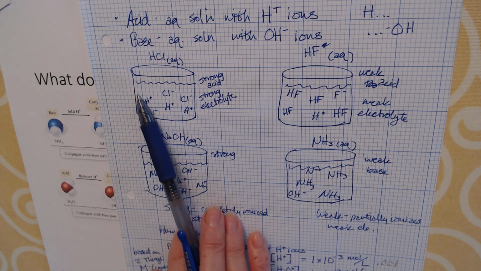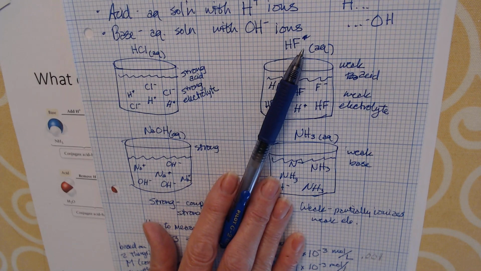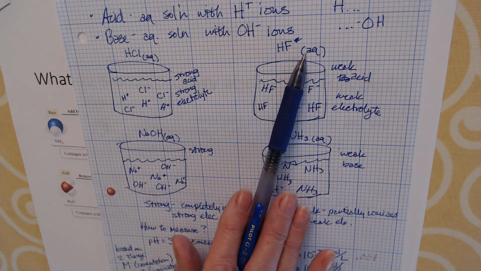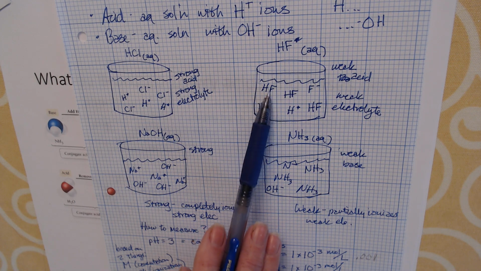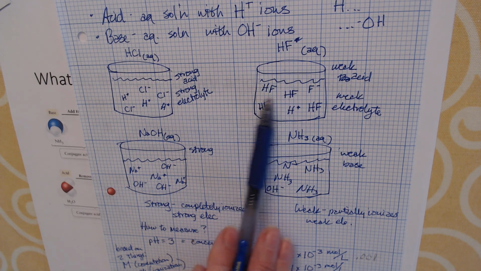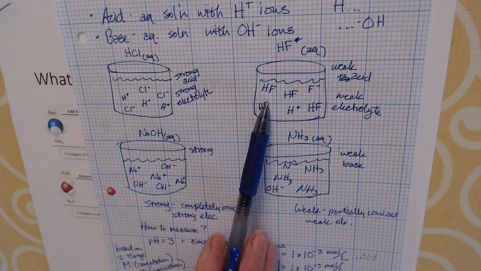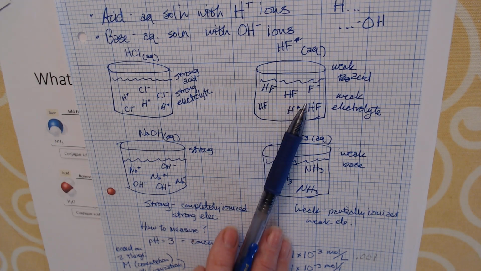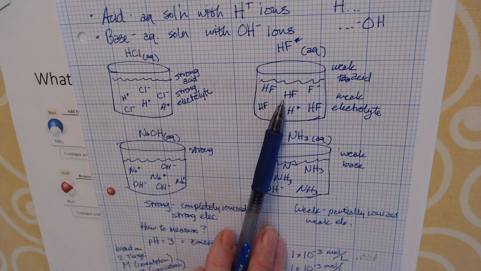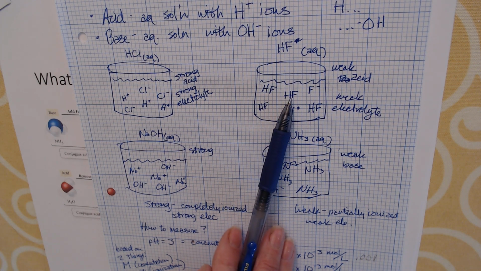Okay. Conversely, over here we have hydrofluoric acid. So again, it's in an aqueous solution, a solution of water. But when we look at it, what we see is a lot of my little compound has not dissociated. It's still together because this fluorine ion is just so extremely electronegative. It's very selfish.